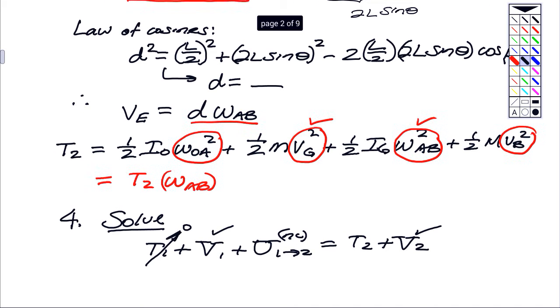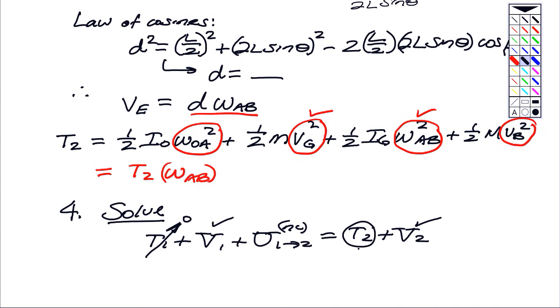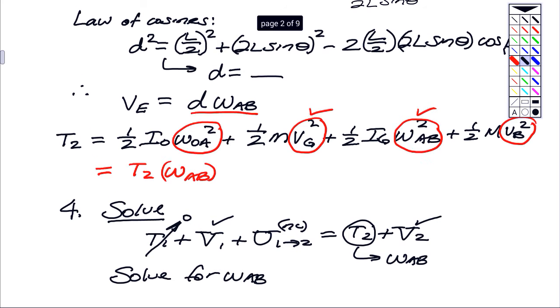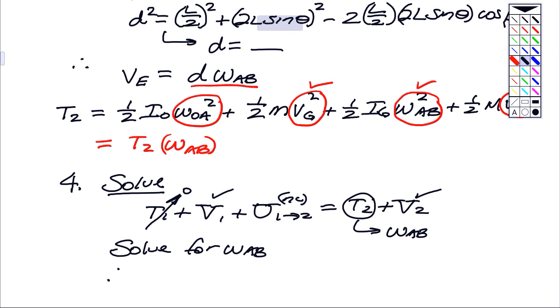And keep in mind that this involves only the unknown of omega AB. So we solve the above for omega AB, and since what we're asked to find in this problem is the speed of B, we can say that VB through the instant center approach is equal to 2L cosine theta times omega AB, and we've got the answer.